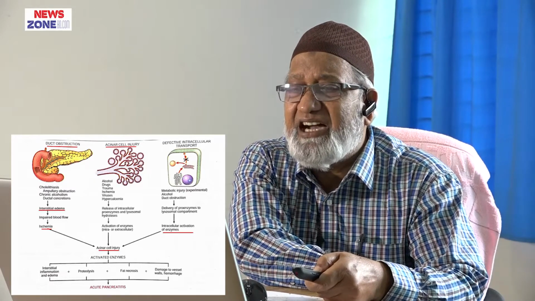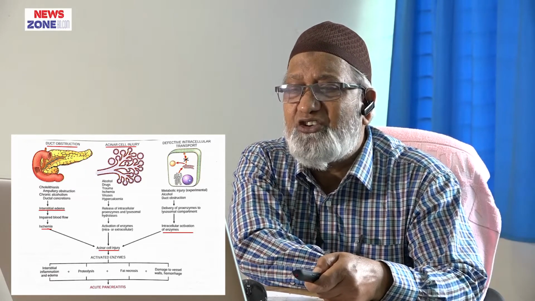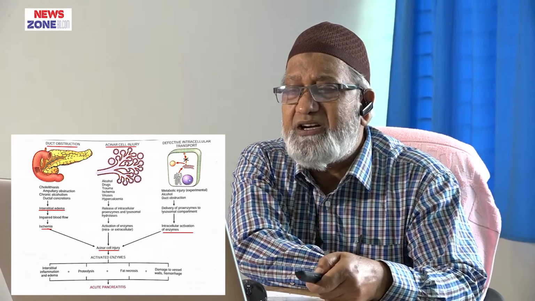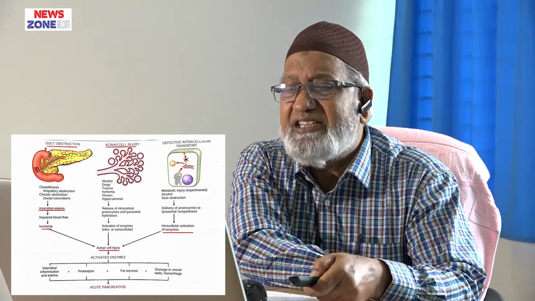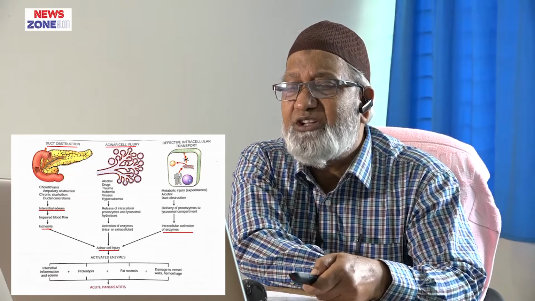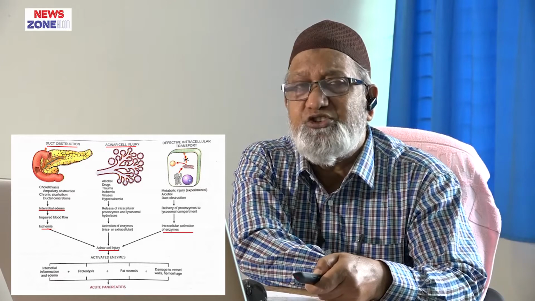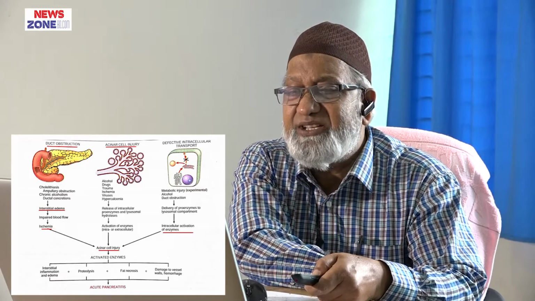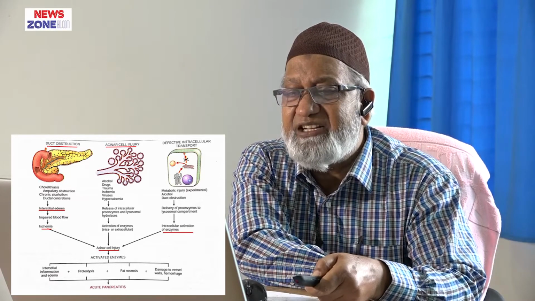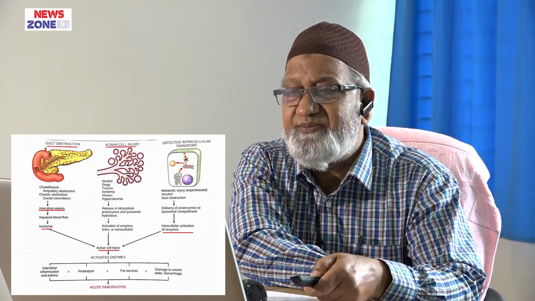Acinar cell injury is also directly caused by alcohol, drugs, trauma, virus, hypercalcemia. So, there is release of intercellular proenzymes and lysosomal hydrolase and activation of the enzymes leading to acinar cell injury.